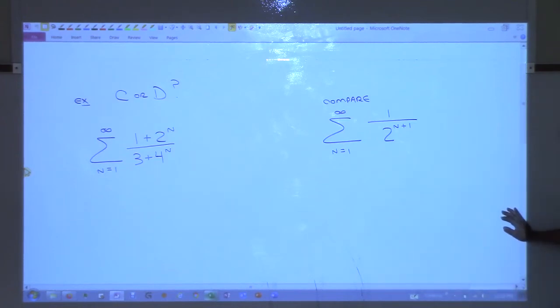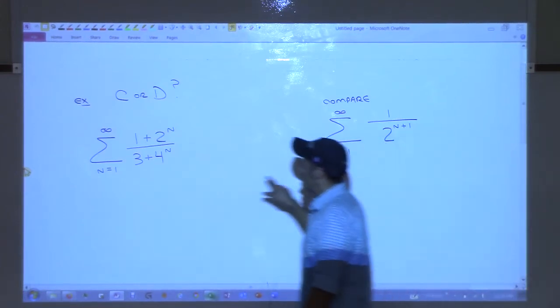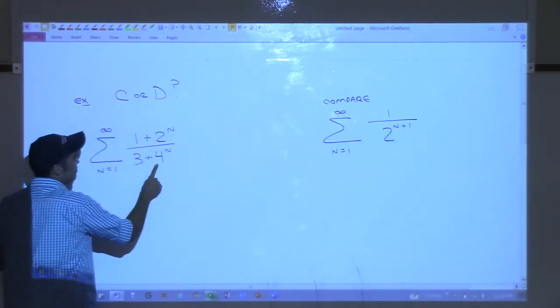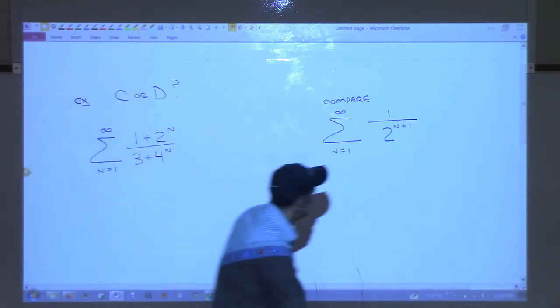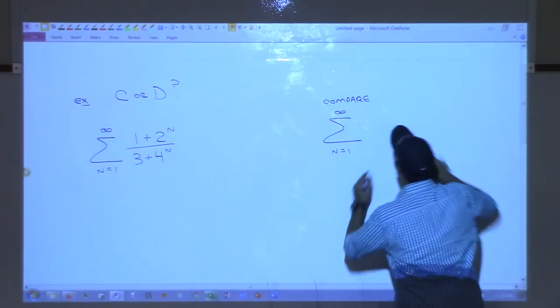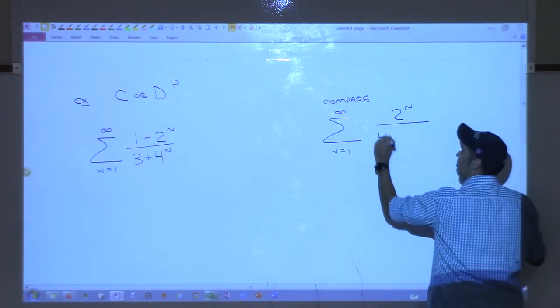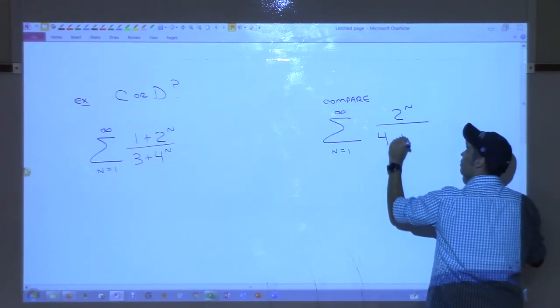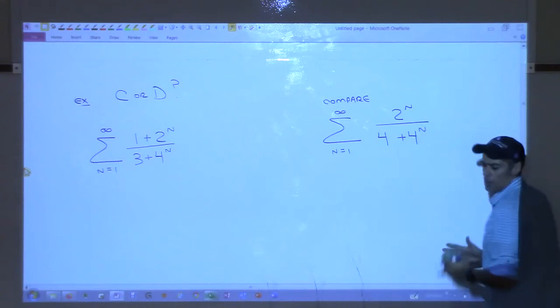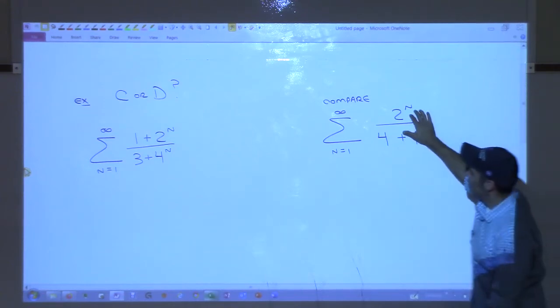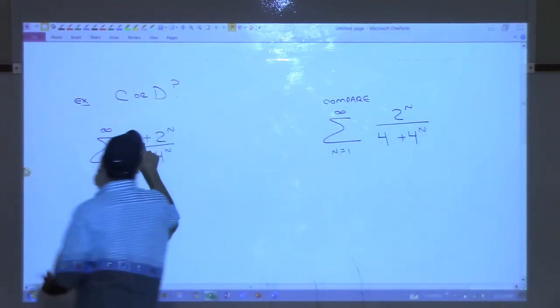Okay, so what is my thinking here? It's a little bit bigger, right? Still geometric, still converges, right? See the bottom here. Let me show you what my idea here is. The top is basically acting like 2 to the n. I want to try and treat my bottom like this. Do y'all agree that this top is essentially this top, right?